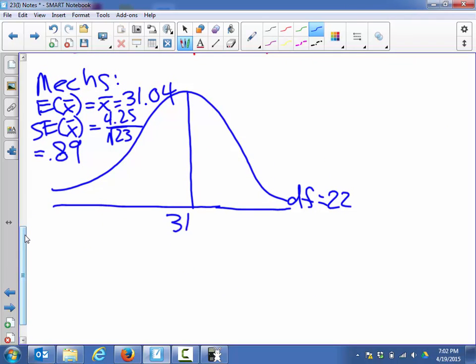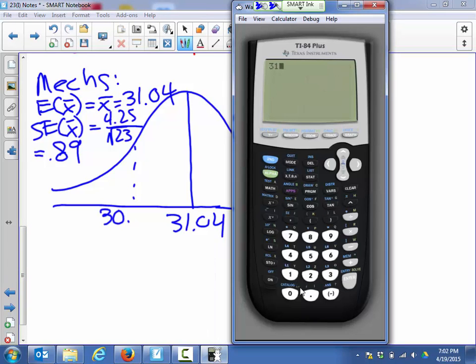31.04. Your standard error of X bar is equal to your sample standard deviation, so it's 4.25 here, over the square root of your sample size, square root of 23, equals, let's see, what did I find?